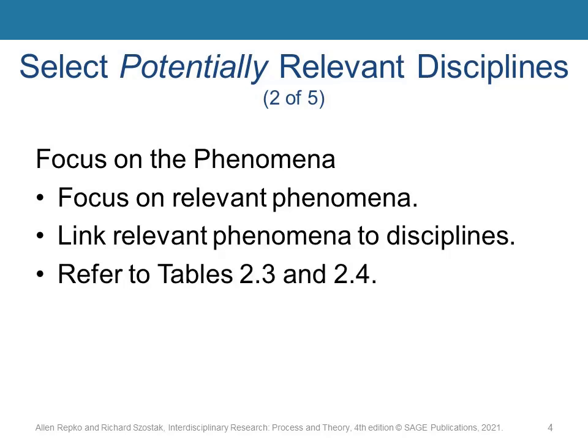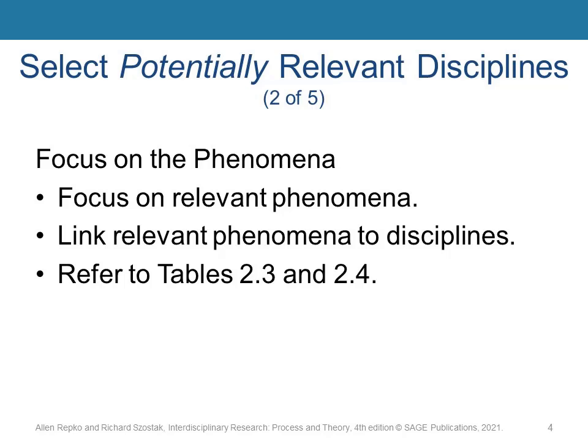Use Tables 2.3 and 2.4 from Chapter 2 to see what disciplines focus on what phenomena. Table 2.4 lists several categories of phenomena, including genetic predisposition, individual differences, economy, art, politics, culture, social structure, technology and science, health, population, and non-human environment.